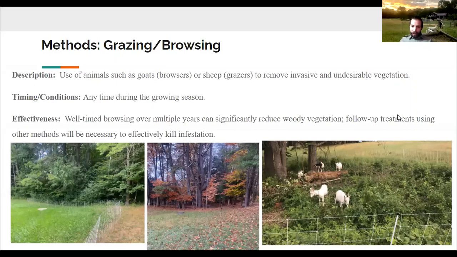And then in the other corner with the goats, that's really just a sea of bittersweet and things that I've put my goats on 3 times now. And at this point, I'm just seeing bittersweet seedlings coming back up and occasional buckthorn stump sprouting.